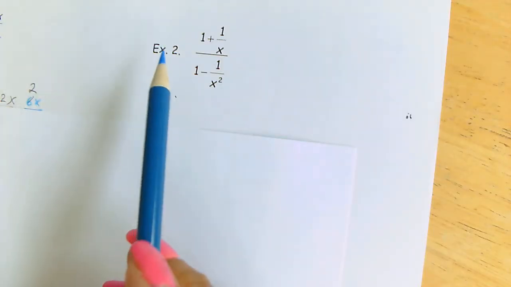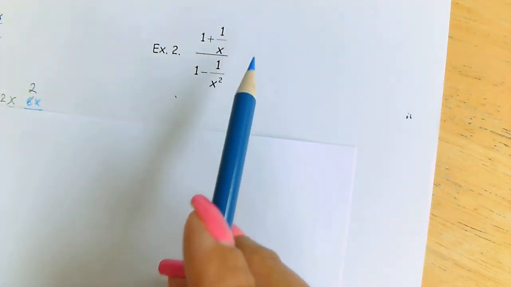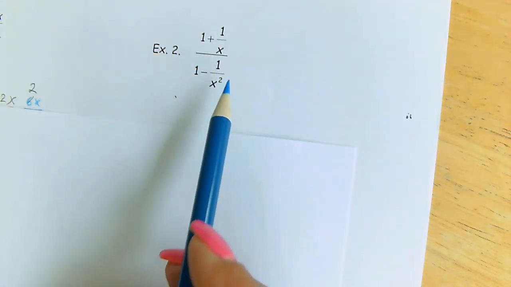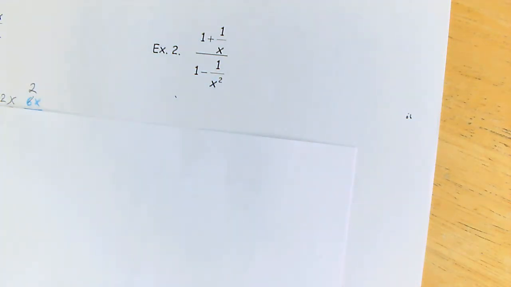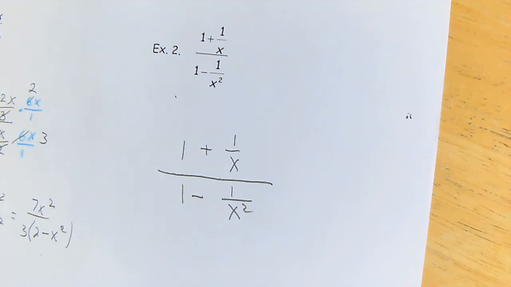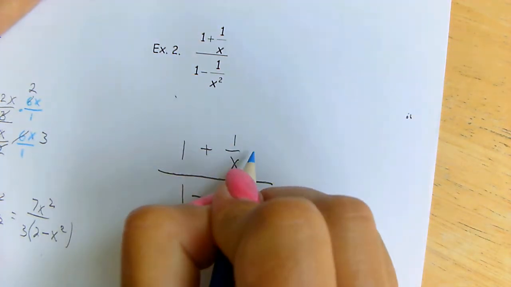Example 2, I'm only worried about denominators, so x and x squared. So my lowest common denominator has to be x squared, the greatest number of x's. So I write my original problem, and I'm going to multiply everything by x squared.